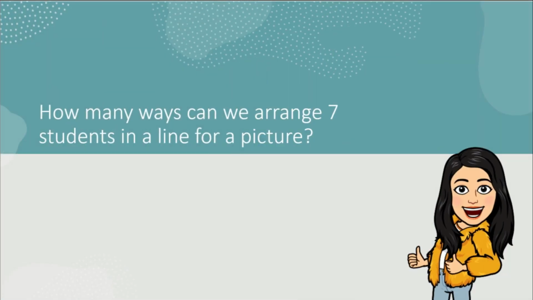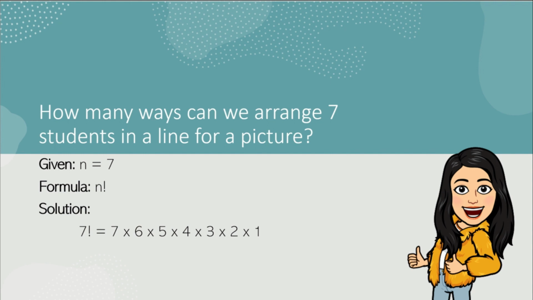So, going back to the question a while back, how many ways can we arrange 7 students in a line for a picture? We can now identify the number of ways using the formula n factorial. N is equal to the number of objects, which in the given problem is equal to 7. Substituting it to the formula n factorial, we have 7 factorial.